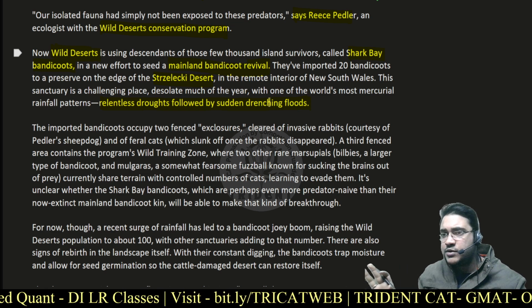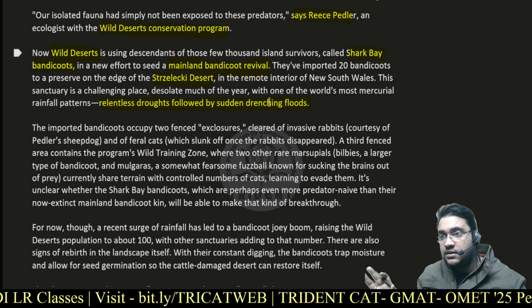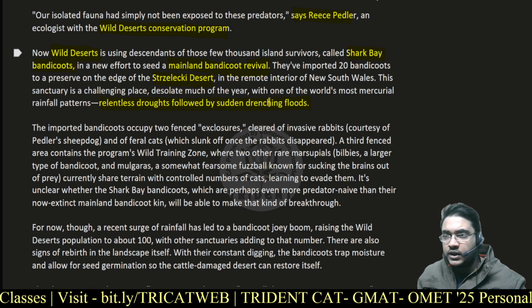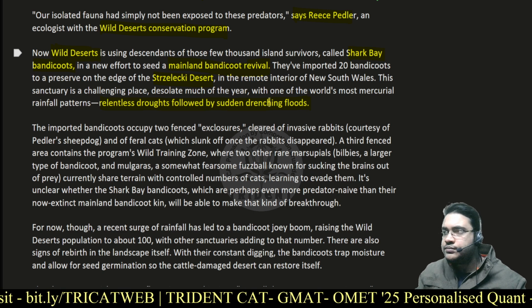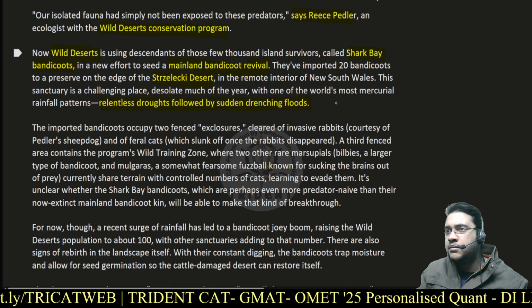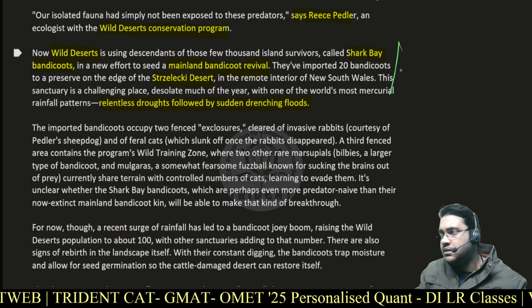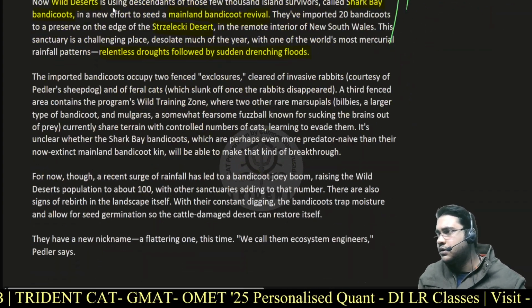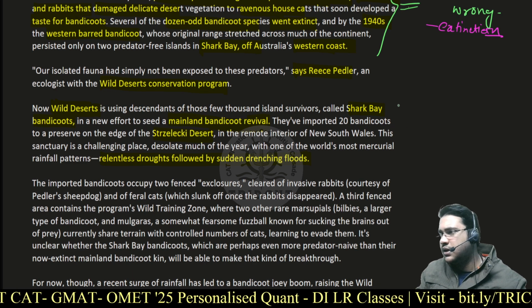So maybe that is perhaps one of the reasons why they have taken this place as the sanctuary. Okay, but it is a challenging place. Desolate much of the year. So again, I'm convinced that this part, this para number 4, is talking about restoration. Okay.